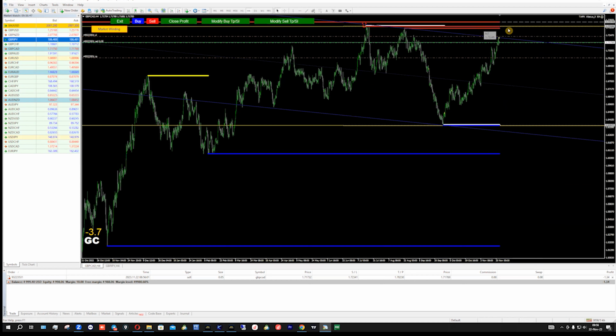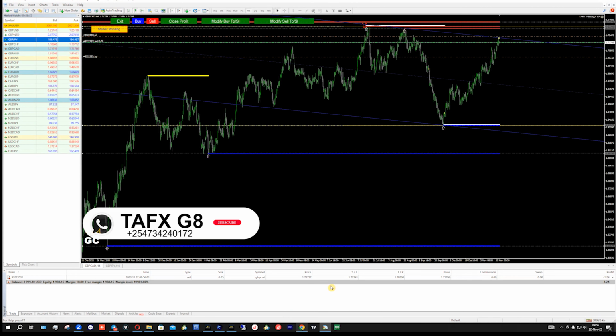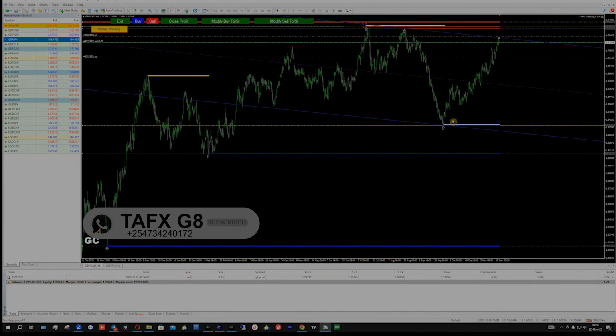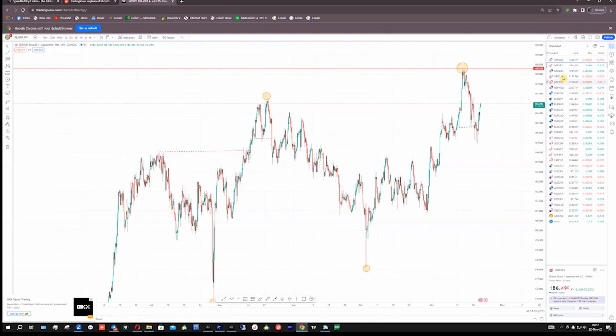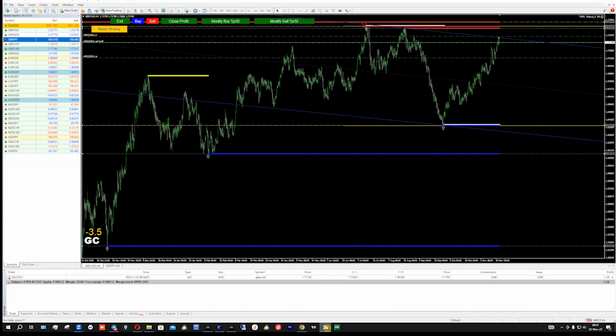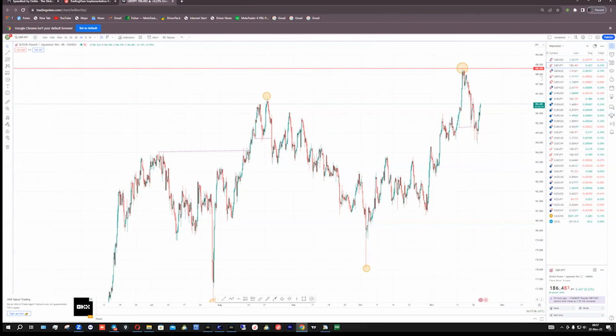So you can identify the extreme area without time frame jumping here and here to confirm if it is a higher high and a higher low. So let us go to our TradingView, and which currency is that? GBP CAD.